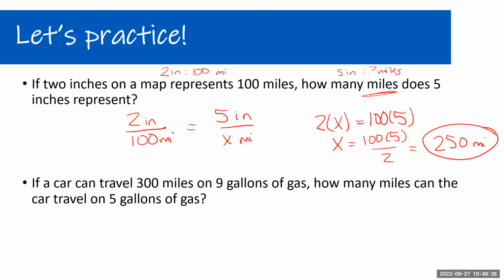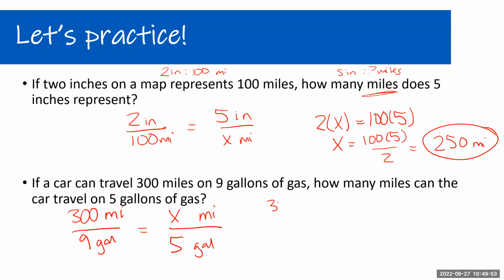If a car can travel 300 miles on 9 gallons of gas, how many miles can it travel on 5 gallons of gas? Well, now you need to pick what you want on top, miles or gallons. I'm going to say, okay, we have 300 miles over 9 gallons equals how many miles? So X miles over 5 gallons.